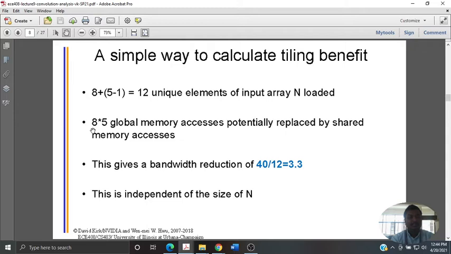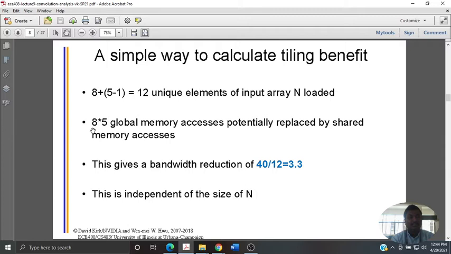So the 8 into 5 global memory accesses are potentially replaced by shared memory access. What is the bandwidth reduction, or the efficiency increase? There were 40 accesses, now reduced to 12, so the bandwidth reduction is by 3.3.